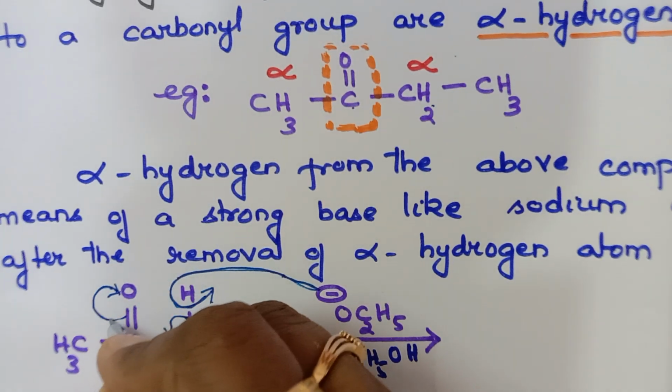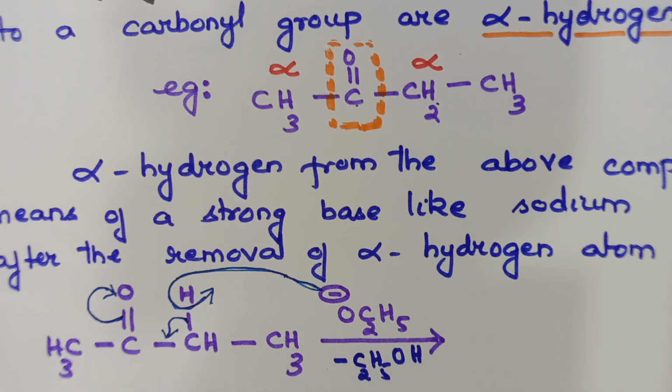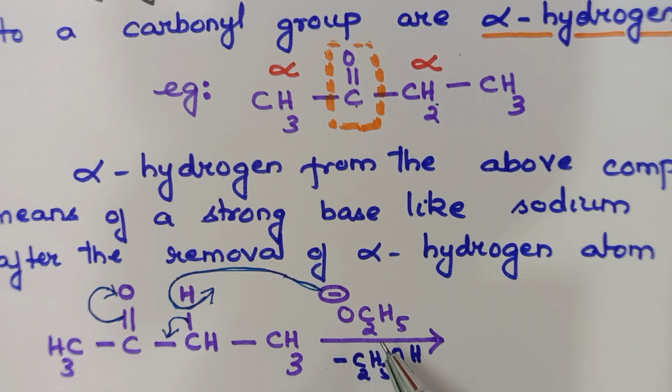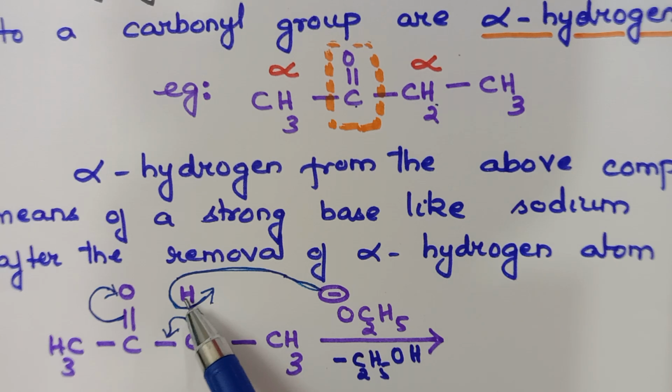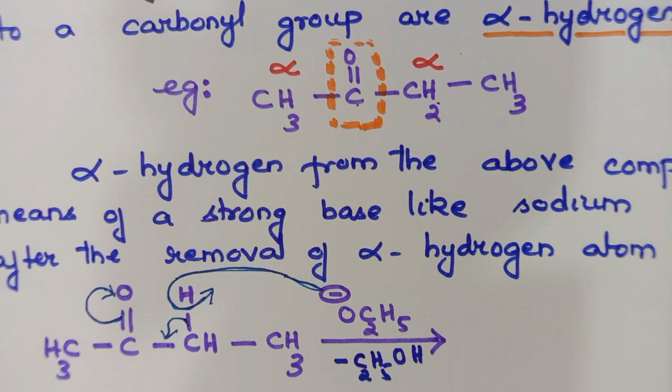Clear? Okay. Now CH3, C double bond O, CH2, CH. This compound, when treated with sodium ethoxide, OC2H5 minus, the ethoxide ion, abstracts this alpha hydrogen. So H comes out as H plus, and OC2H5 minus plus H plus goes out as ethyl alcohol. Next, these two electrons move here and these electrons move towards oxygen. Next, what happens?